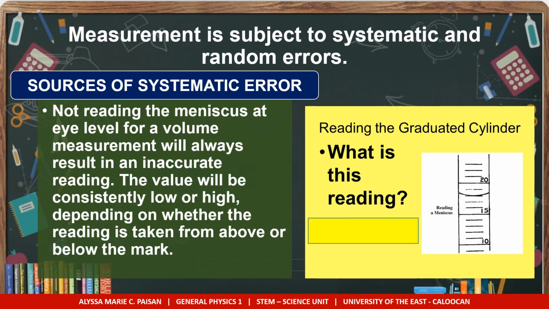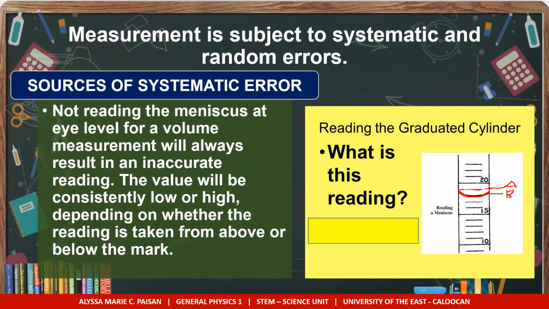So what do you think is the reading here? This one is the meniscus. Okay, that's the U-shaped. Would you read this one, or this one? Is it A or B? If you choose A, that's 15, 16, 17, 18.